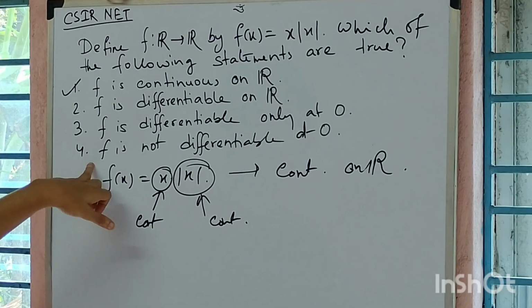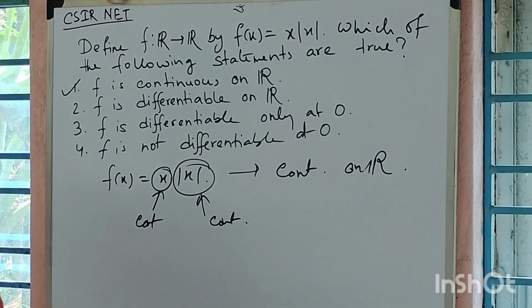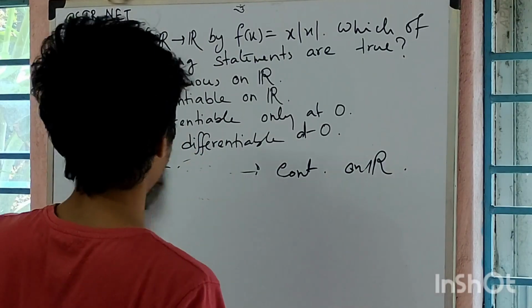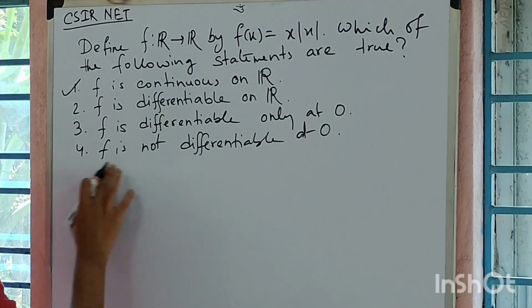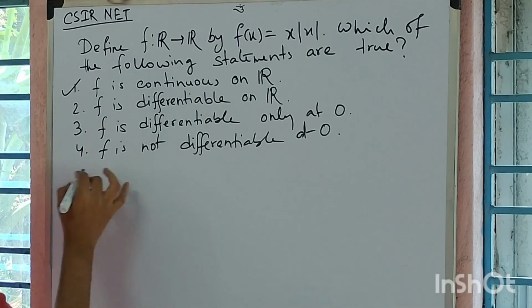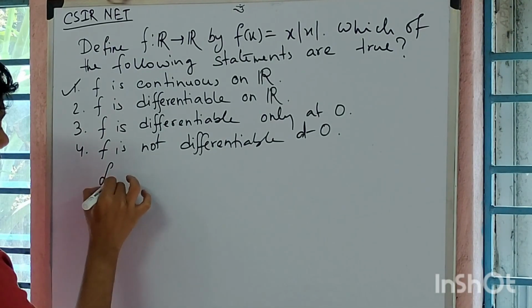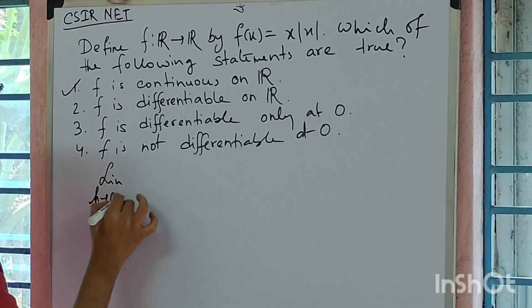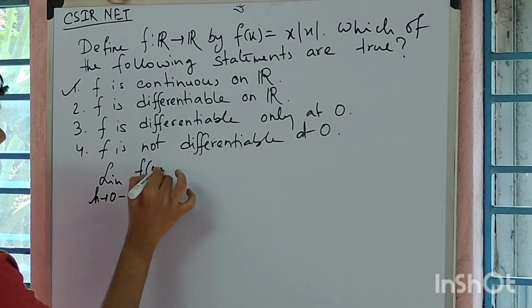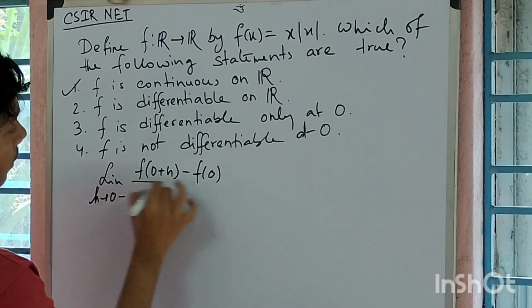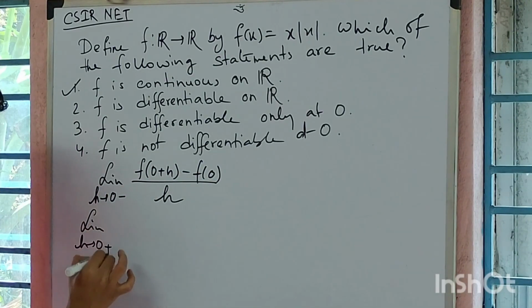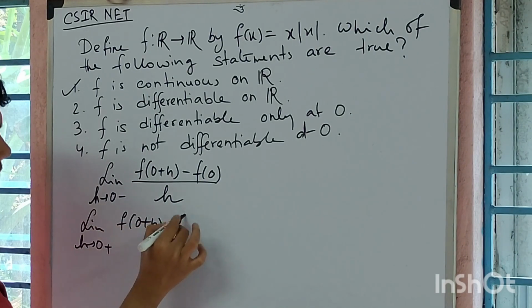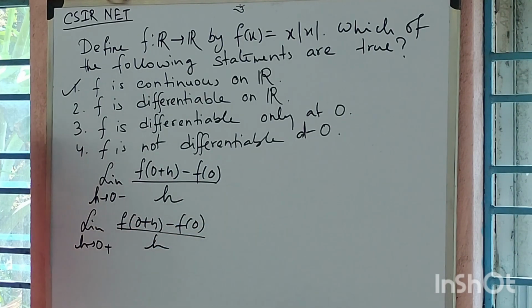Now I will check whether it is differentiable at 0 or not. I am just going to prove that. To check whether it is differentiable at 0, I have to check the limit as h tends to 0 minus of (f(0+h) - f(0))/h, and the limit as h tends to 0 plus of (f(0+h) - f(0))/h.